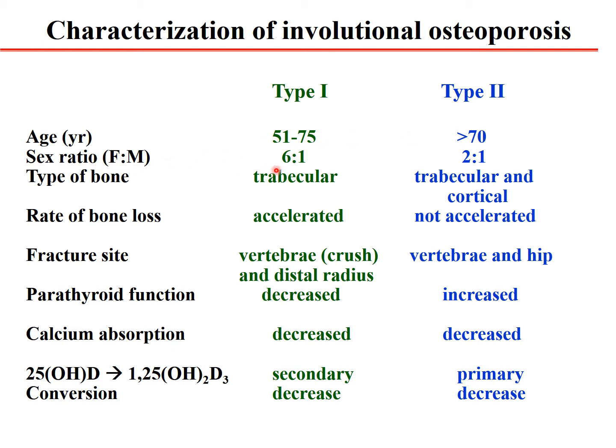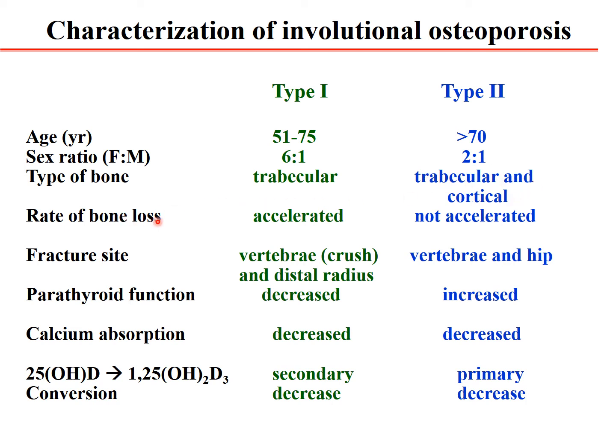The sex ratio is much higher in postmenopausal, 6 to 1, compared to the senile one, 2 to 1. The bone affected is usually the trabecular bone in postmenopausal, while in the senile one, both trabecular and cortical bones are affected.